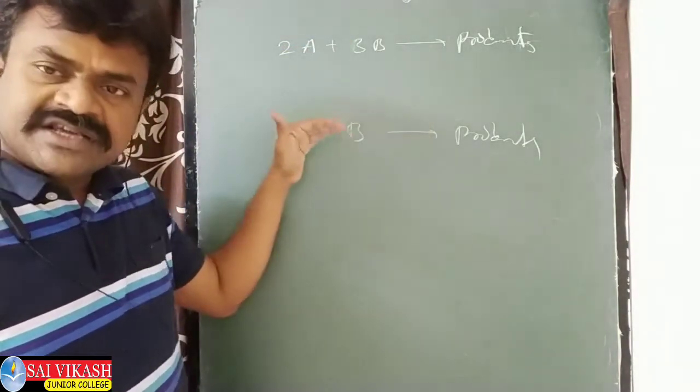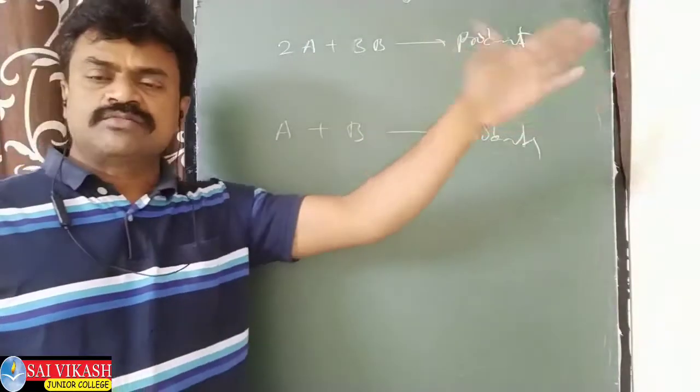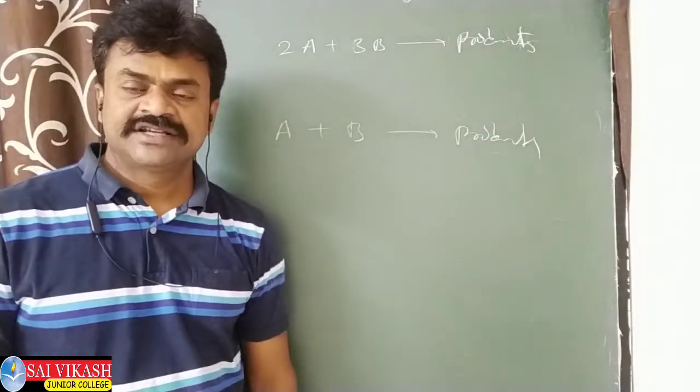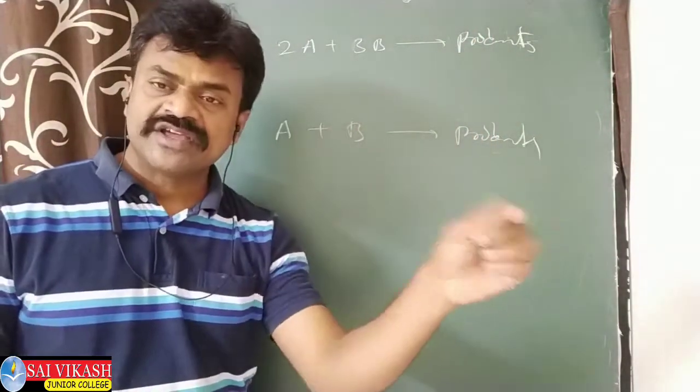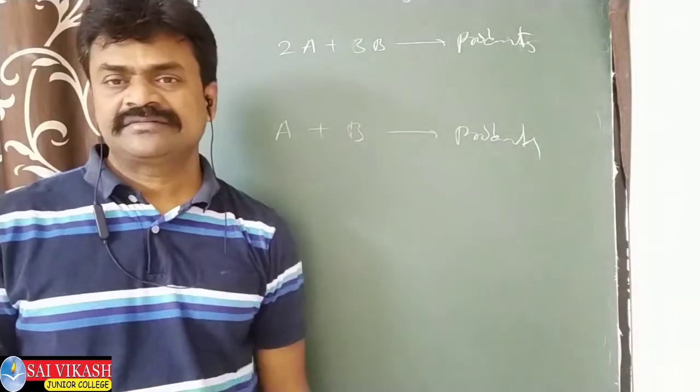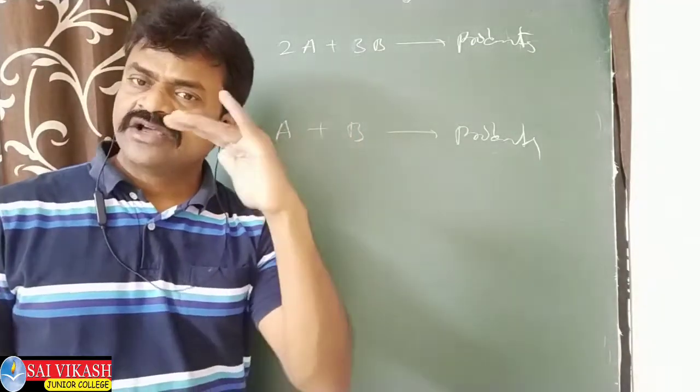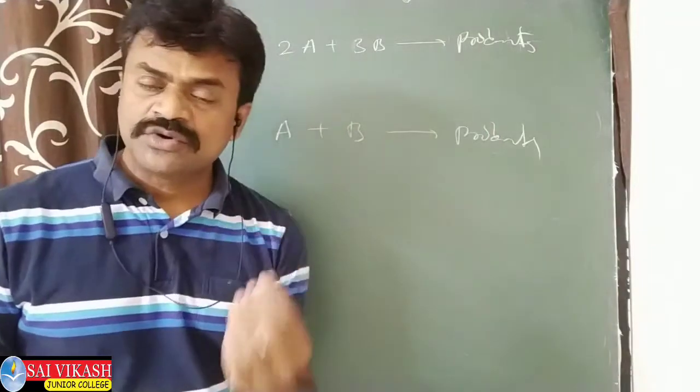The remaining steps will be comparatively faster moving steps. If the step is fast moving, we cannot determine the rate. We cannot determine the rate for these fast reactions. Why?